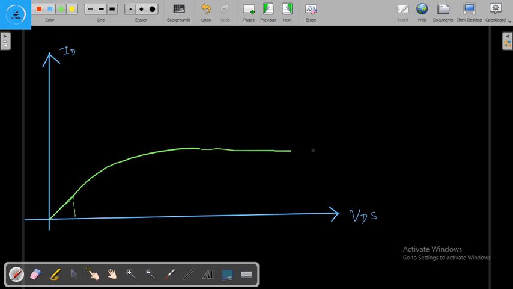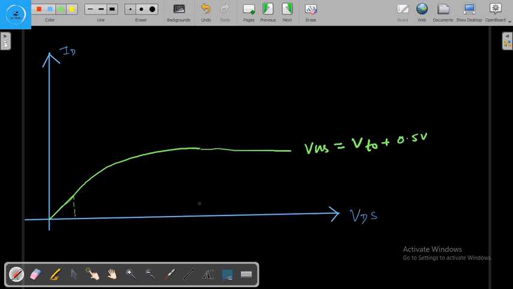For VGS, I am using VT not plus 0.5 volt, or we can say 0.6 volt, because in our case the VT not was 0.6 volt. So beyond 0.6 volt we are applying the 0.5.